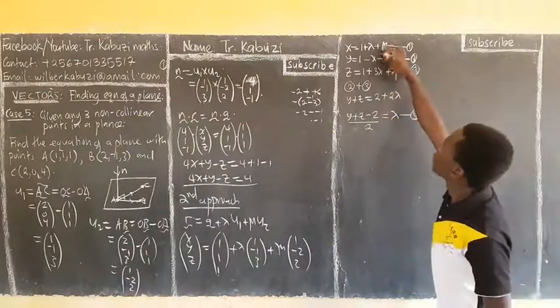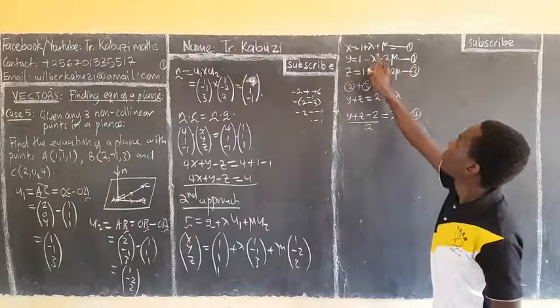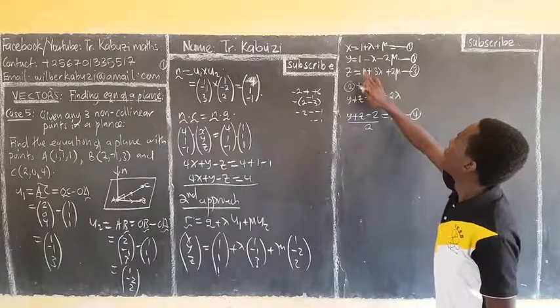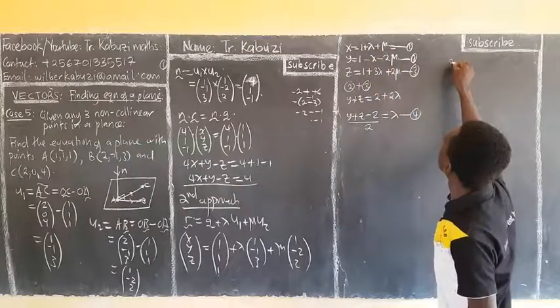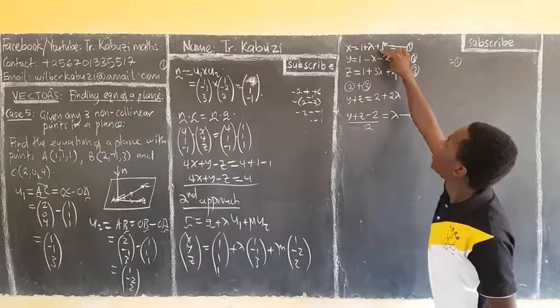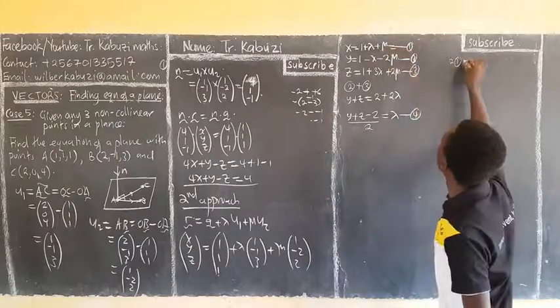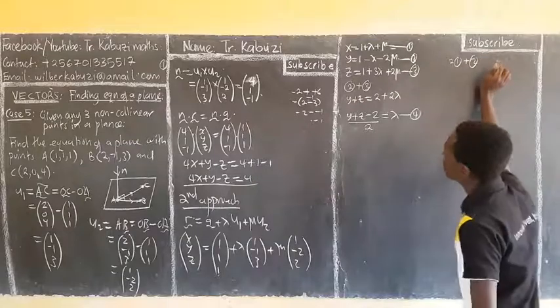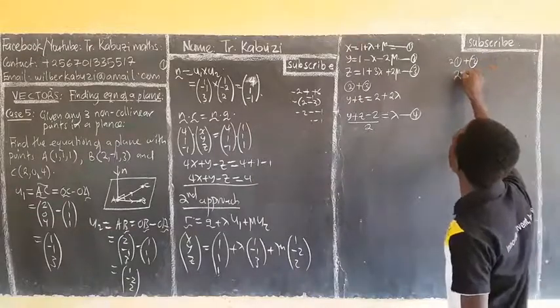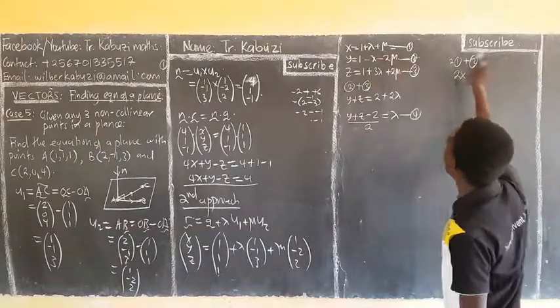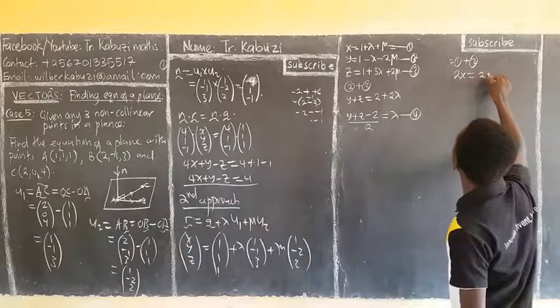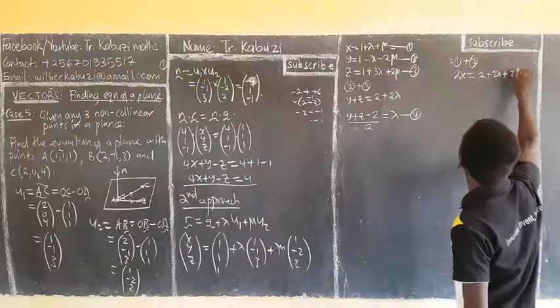Now still we eliminate mu using the other equations. So in this equation, I need to multiply so that I can add these 2. If you say equation 1 multiplied by 2, so it will be coefficient 2, then I add equation 2. I'll be adding now 2x, I multiply here through by 2, equal to 2 plus 2 lambda plus 2 mu.